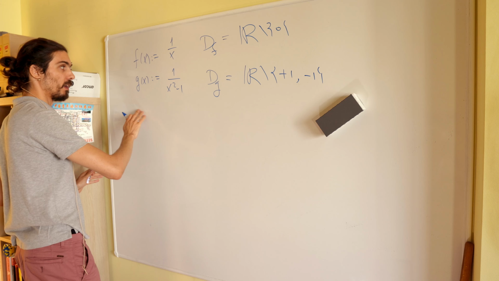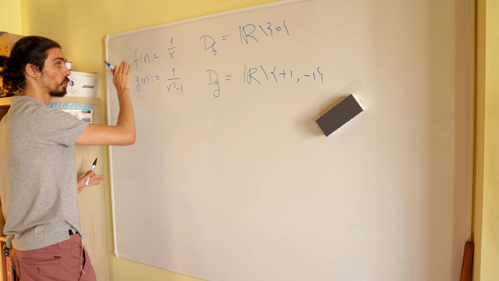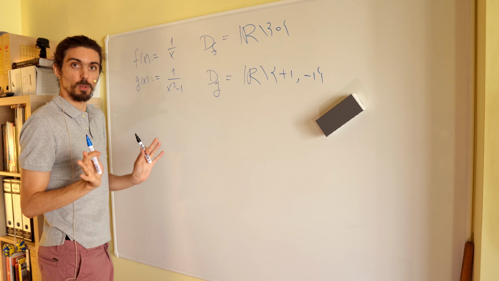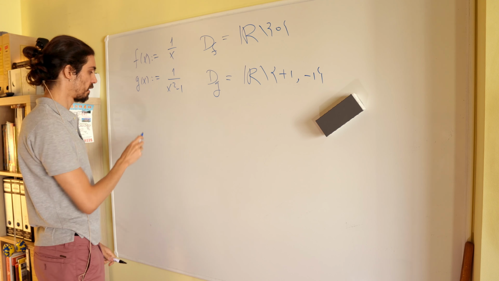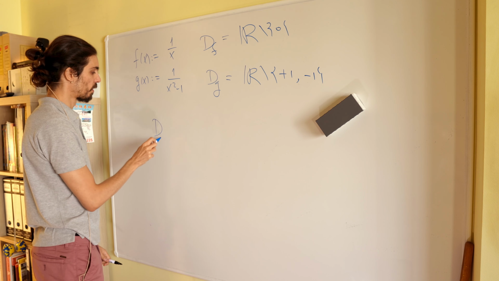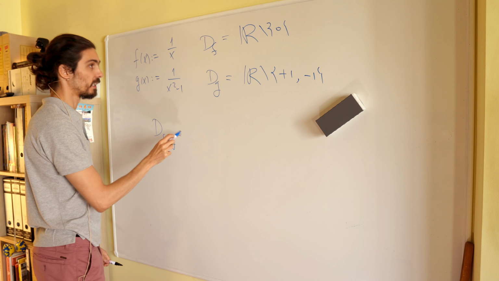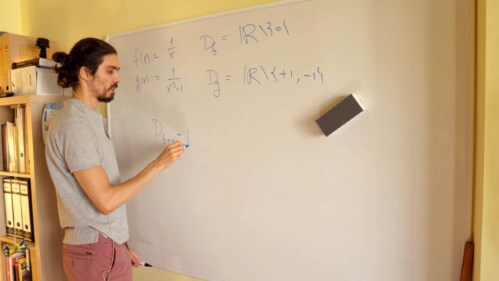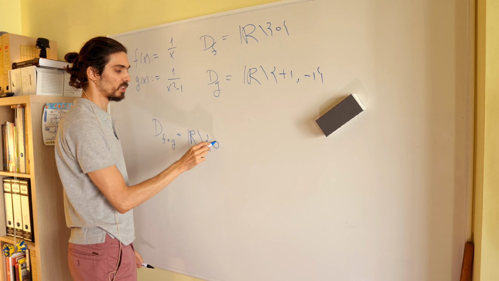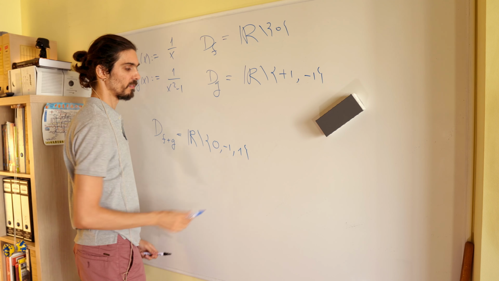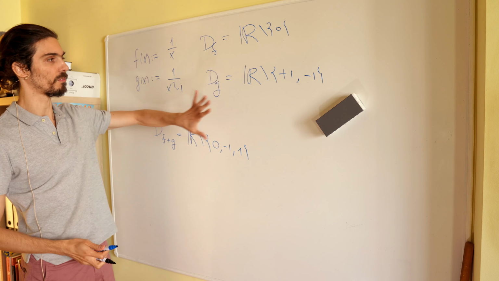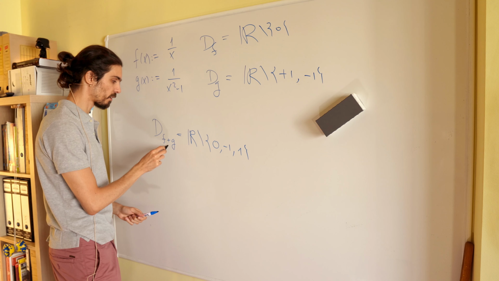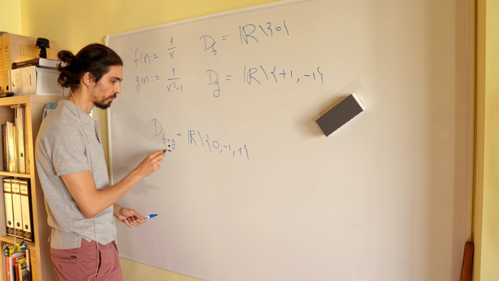What about now? You can now make the division, subtraction, and so on for these two functions. But let's just focus on the domain, because everything else is quite easy. So the domain of f plus g is again this thing intersecting with this thing. Can you see? So it's R excluding 0, minus 1, and 1. The intersection of these two sets. The same result you get for the product and for the subtraction.